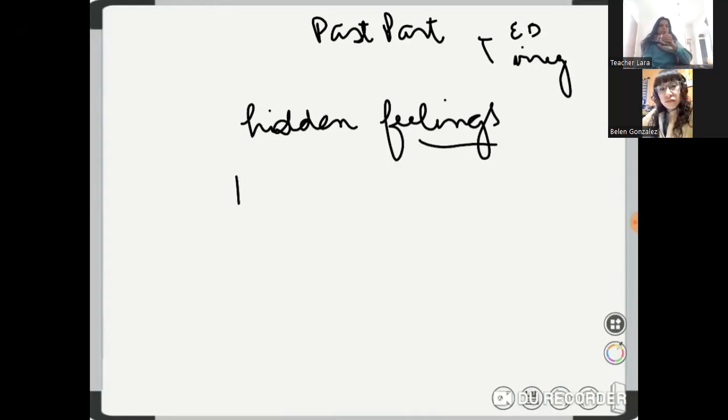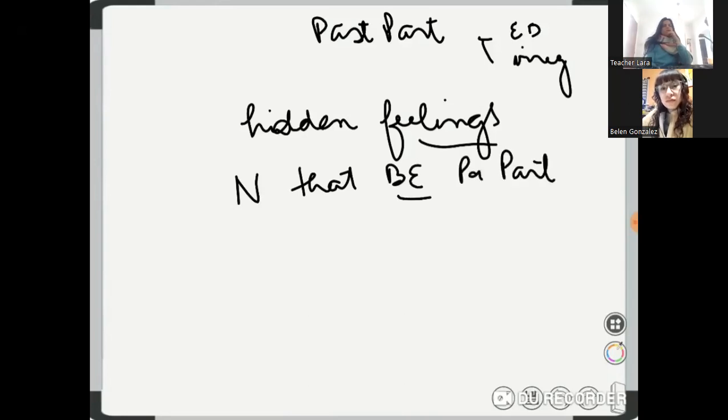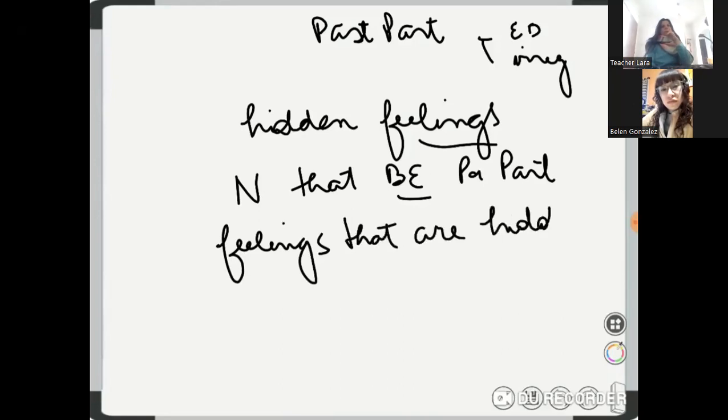Well, we have the noun, that, we need the verb to be, and then the past participle. Why do we need the verb to be? Because the past participles always give a passive meaning to the idea. So this would be feelings that are hidden. If this is the idea that we want to give, we can speak about hidden feelings.